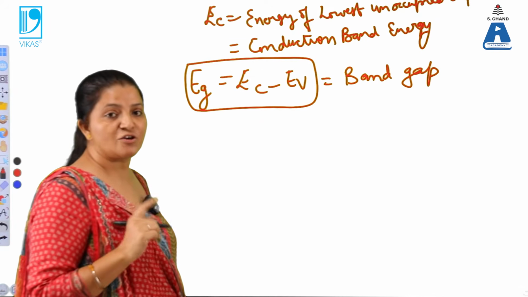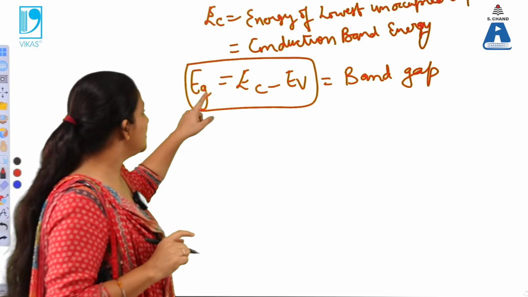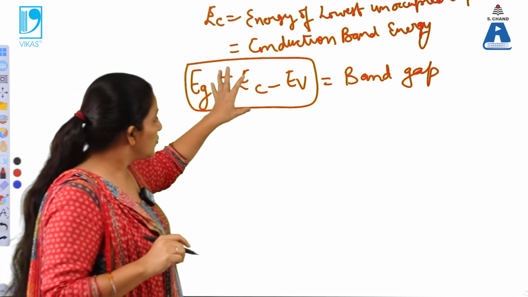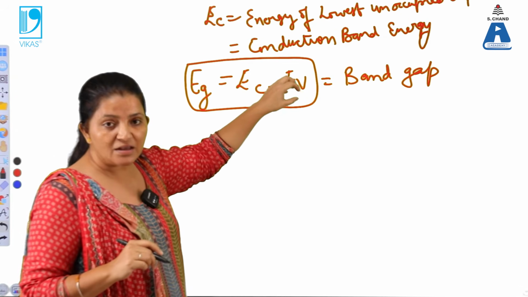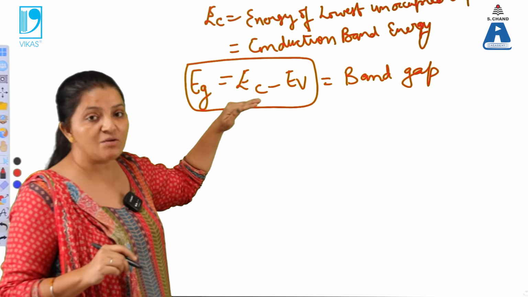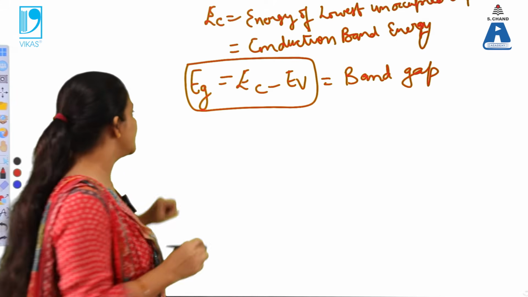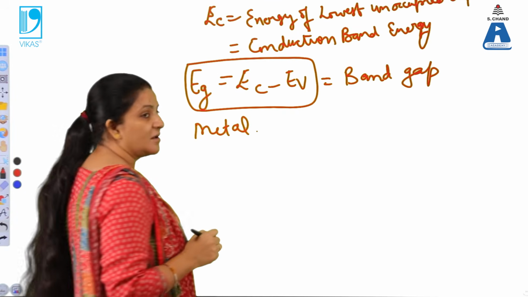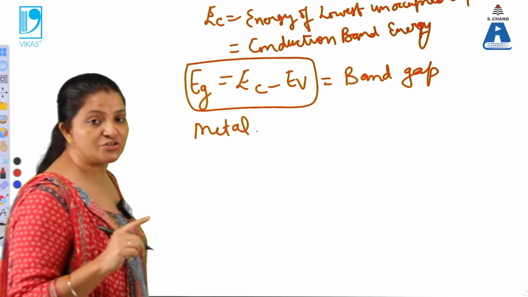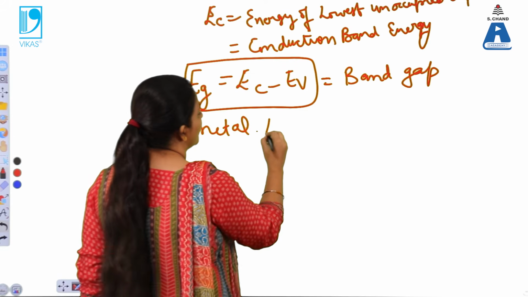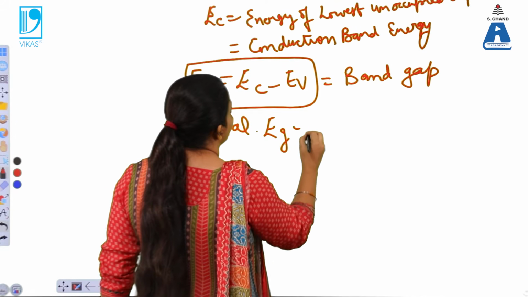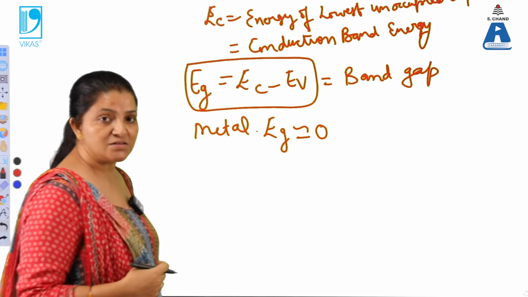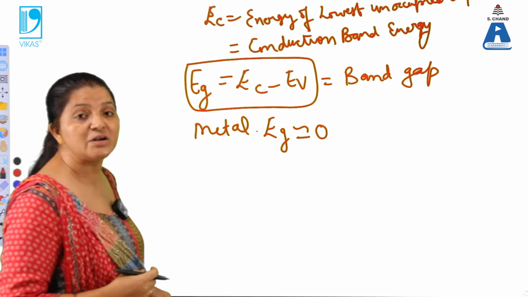Now in case of metals, what is the value of Eg? We know that in case of metals, in most cases EC and EV are both at the same level, because in metals the valence band and conduction band overlap with each other. So when we calculate the band gap of the material, it is taken as approximately equal to 0. That's why metals are also known as zero band gap materials.